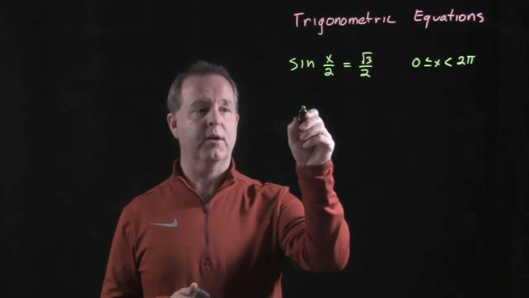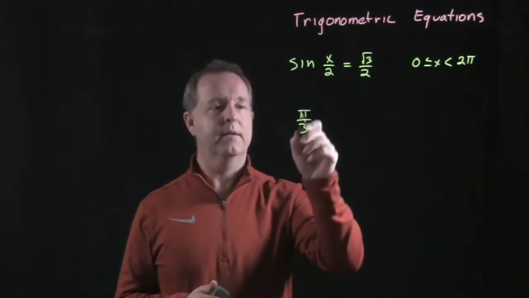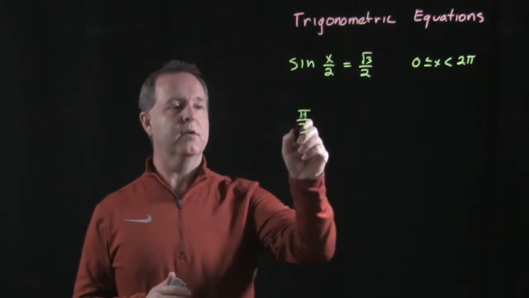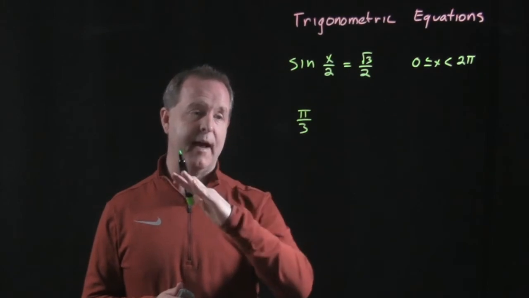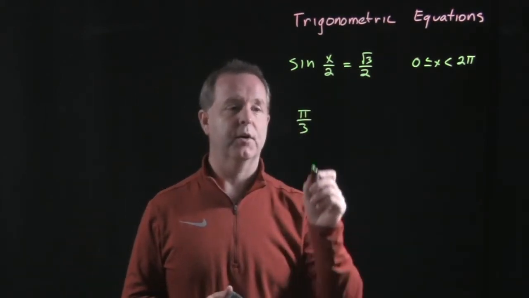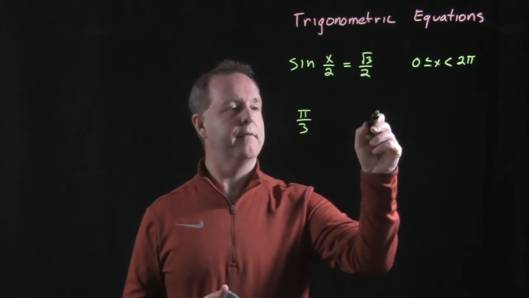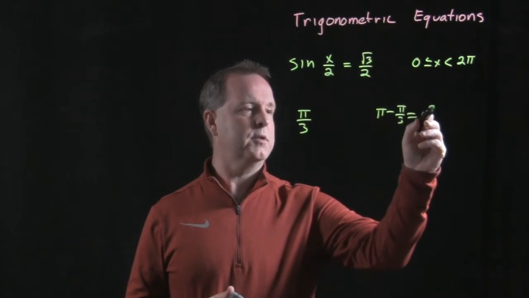Well, one value where that occurs is pi thirds. The sine of pi thirds is square root of 3 over 2. And sine also has its value in the second quadrant where it's also positive, and to find that, it's pi minus pi thirds, which equals 2 pi thirds.